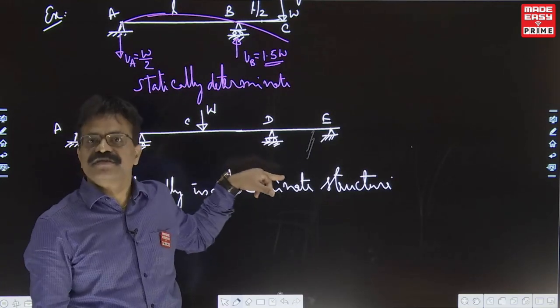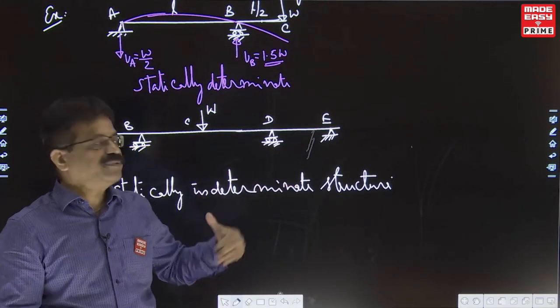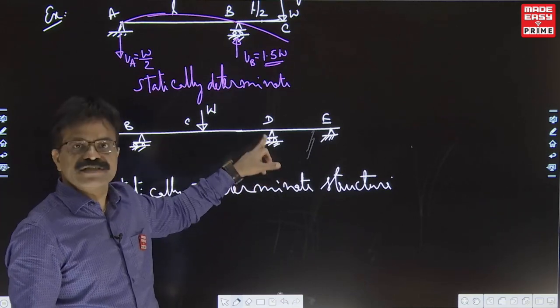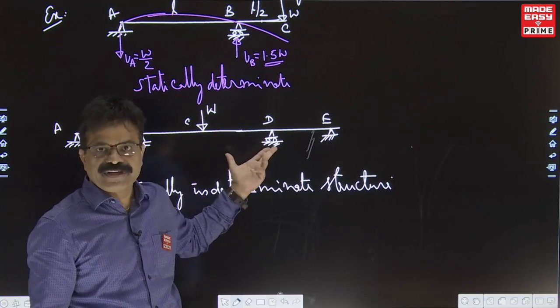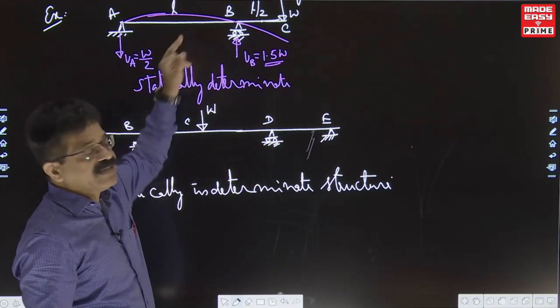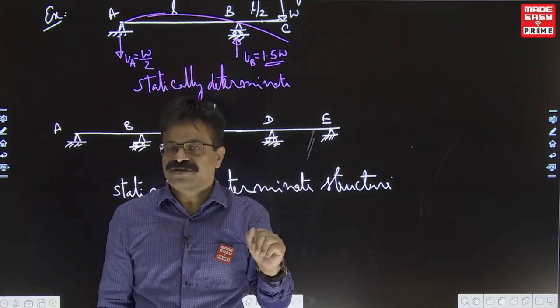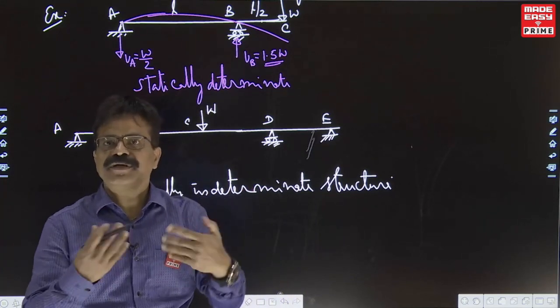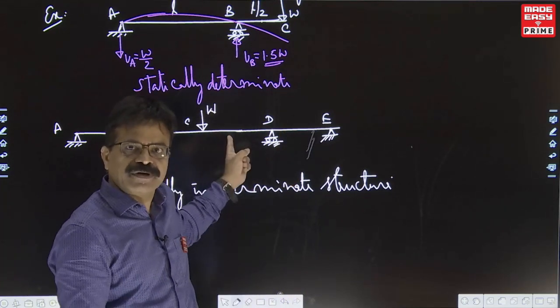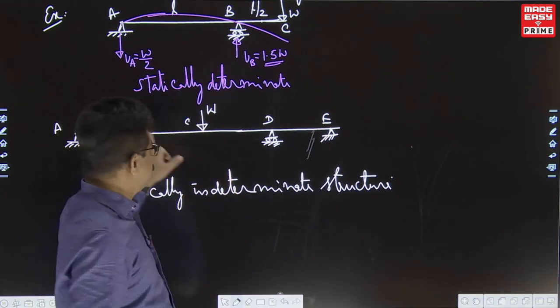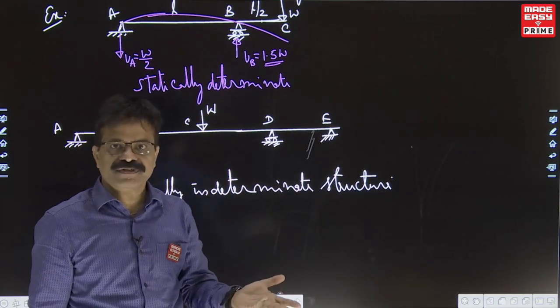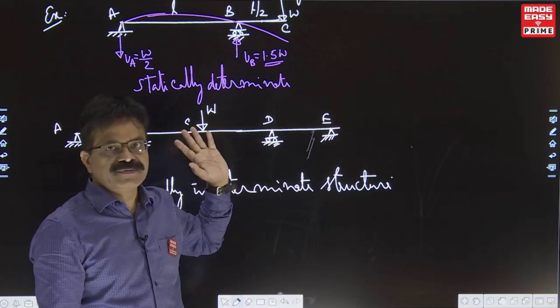Now structural analysis sir might have told you, for indeterminate structures, reactions and moments are functions of the material property E and I. In statically determinate structures, support reactions are independent of the material property and cross-sectional property. In a statically indeterminate structure, reactions are a function of material property and cross-sectional property.